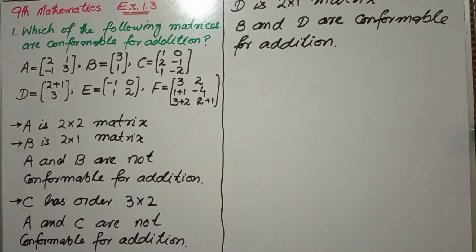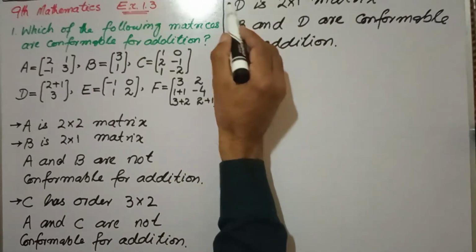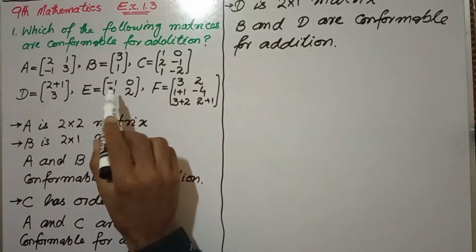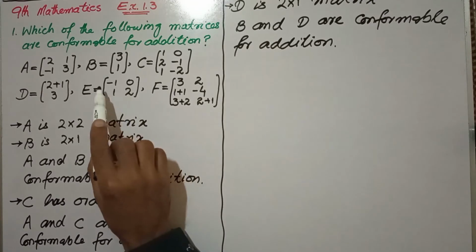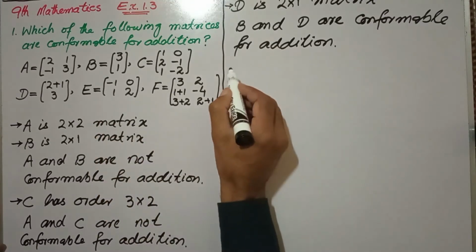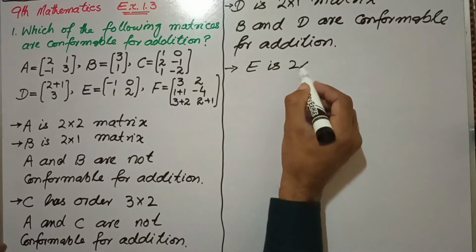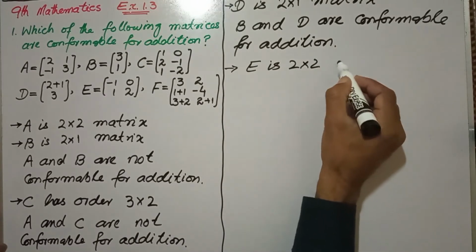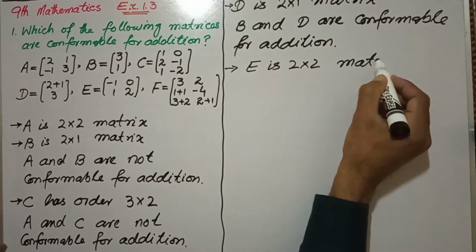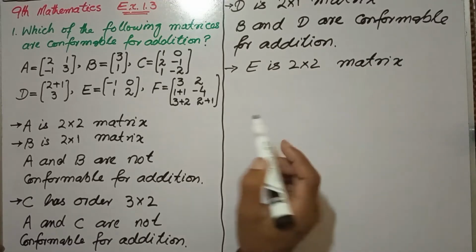Similarly, we see that the matrix E has also order 2 by 2, 2 rows and 2 columns. E is a 2 by 2 matrix.